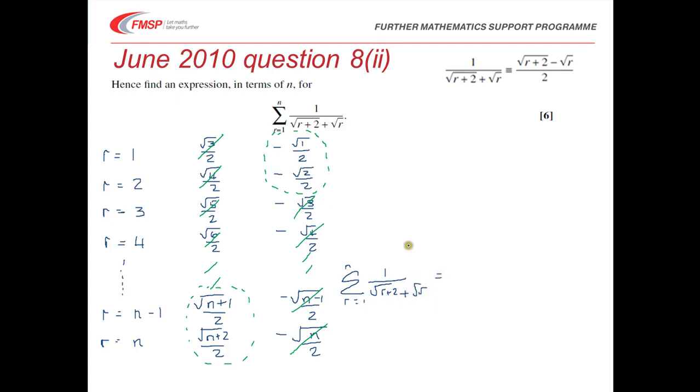Then that sum will be, well, we'll have a minus, root 1 is just 1, so that's minus 1 over 2, and we'll minus root 2 over 2 up there, and then down here we'll have a plus root n plus 1 over 2 and a root n plus 2 over 2.